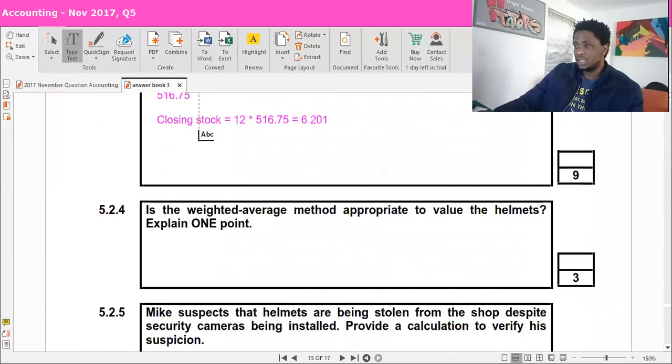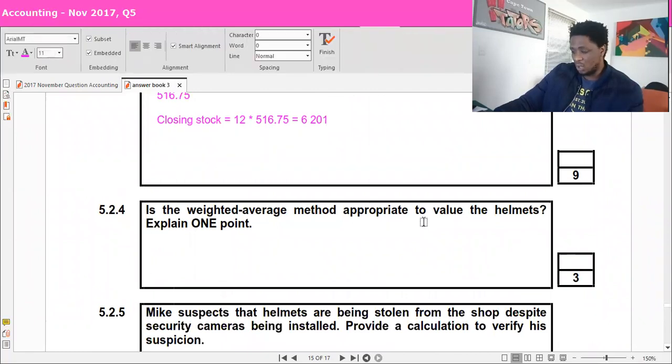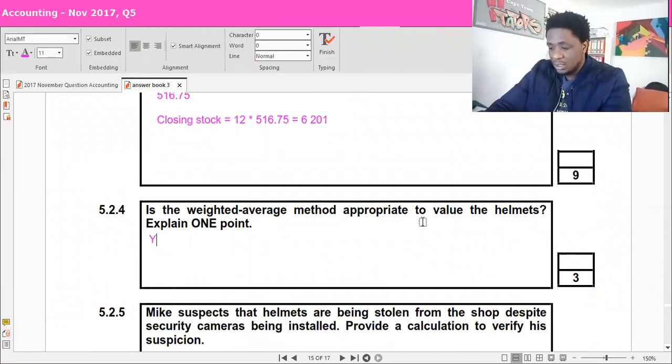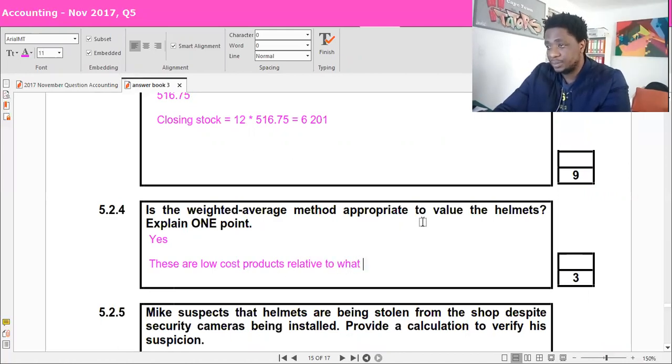But we just have to say yes or no and give one answer. So I'll just say yes. The reason for yes, these are low cost products relative to what the business sells.